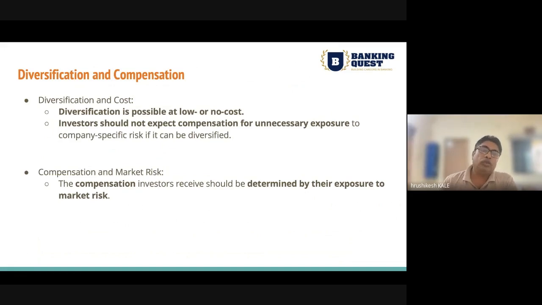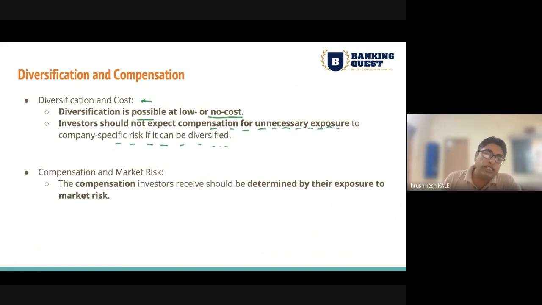Now, what are the costs of diversification? Diversification is possible at low cost or at no cost also. Investors should not expect compensation for unnecessary exposure to company specific risk if it can be diversified.